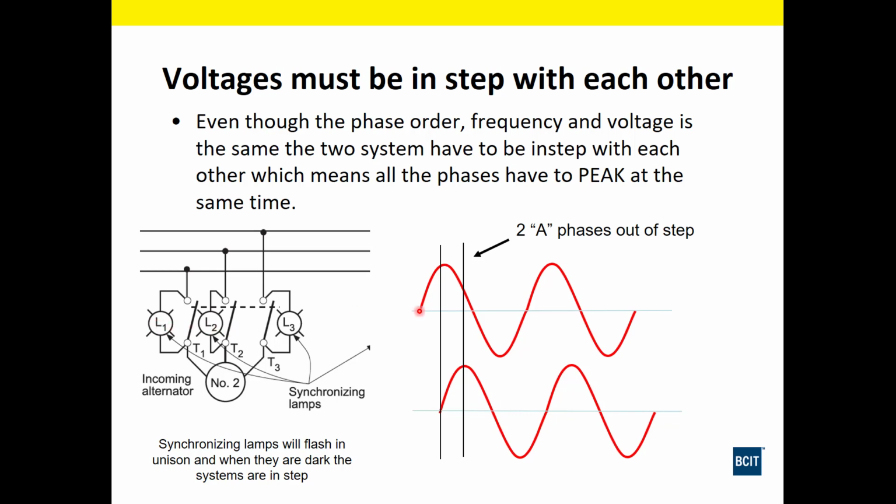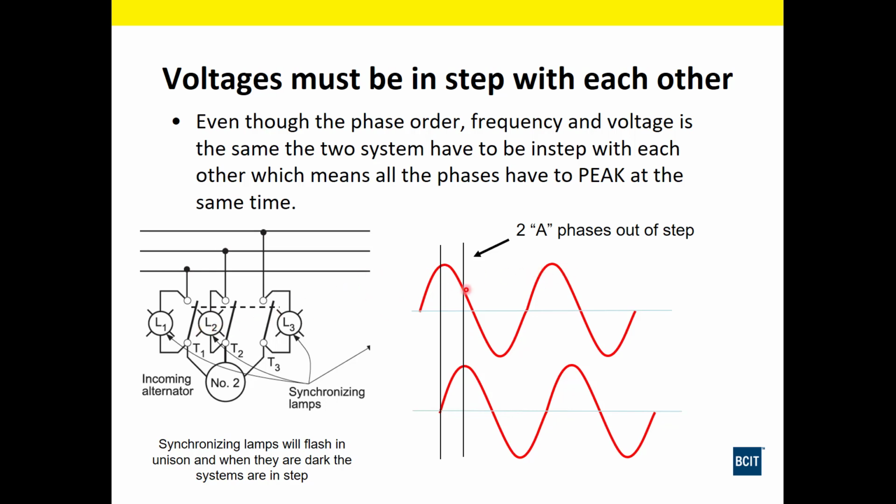Now that these lights are connected in the same phase order, A phase on both the existing system and the generator, you see the two waveforms are slightly out of phase. So the two A phases are out of step with each other. Now the B's are going to be the same, and the C phases are all going to be the same, and they're all going to be out of step by the exact same amount.